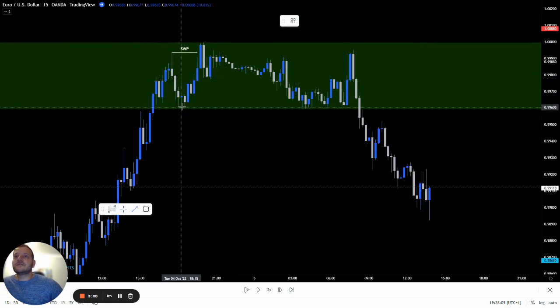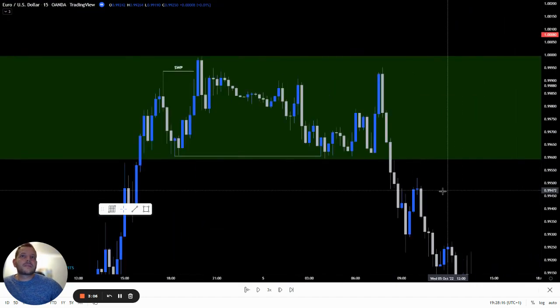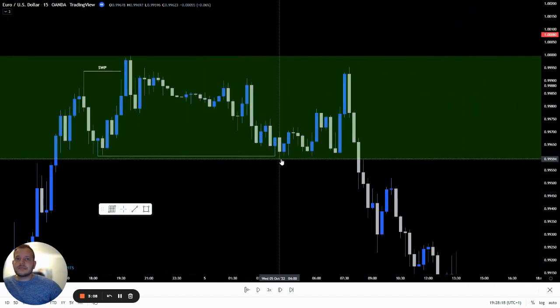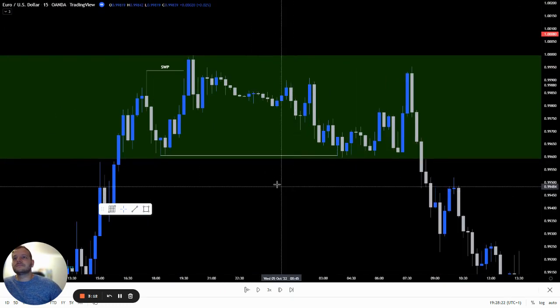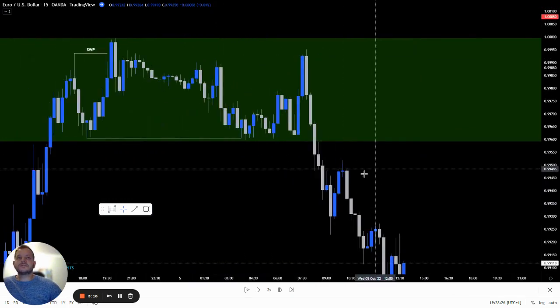And that started from this candle here. As you can see, it slightly broke it, but either way, it's penetrated that order block. So we've broken through that, and now we know that we're going for good sells.